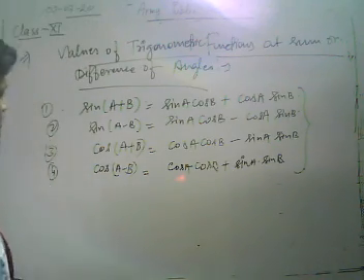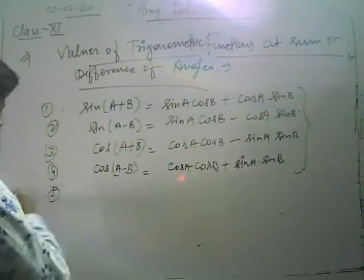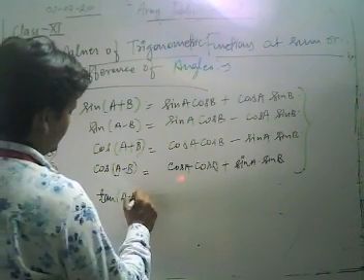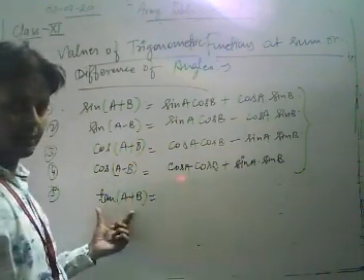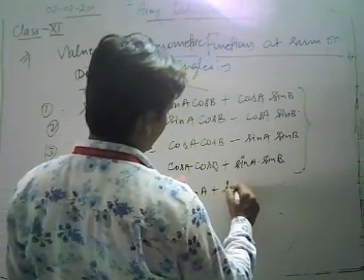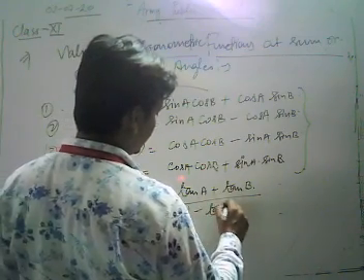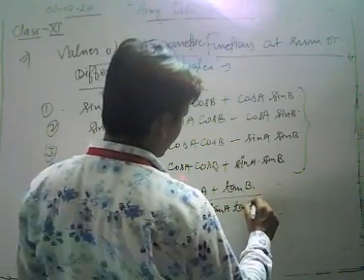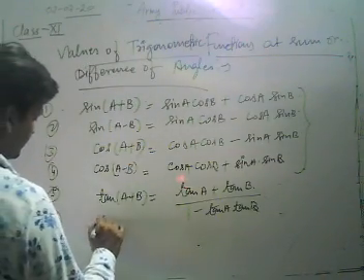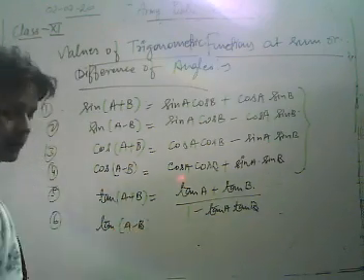Now two more important results based on sum and difference of angles. First one, tan(a plus b). The formula of tan(a plus b) is tan a plus tan b upon 1 minus tan a tan b. Same as that, tan(a minus b).